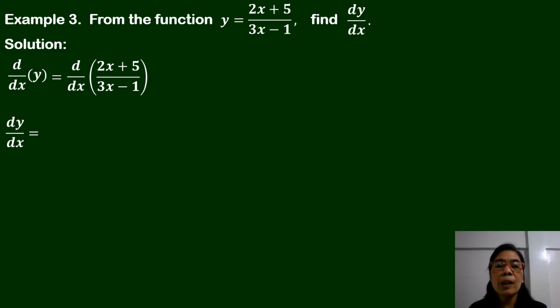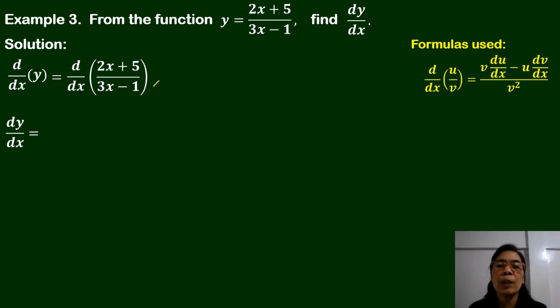Then go back to the list of the differentiation formulas. Try to compare what formula it follows. So we have here the derivative of, this is a quotient, so we apply the derivative of quotient. So the numerator u is the 2x plus 5 and the denominator v is the 3x minus 1. Recite the right side of the formula, write its value in the next step of the solution.